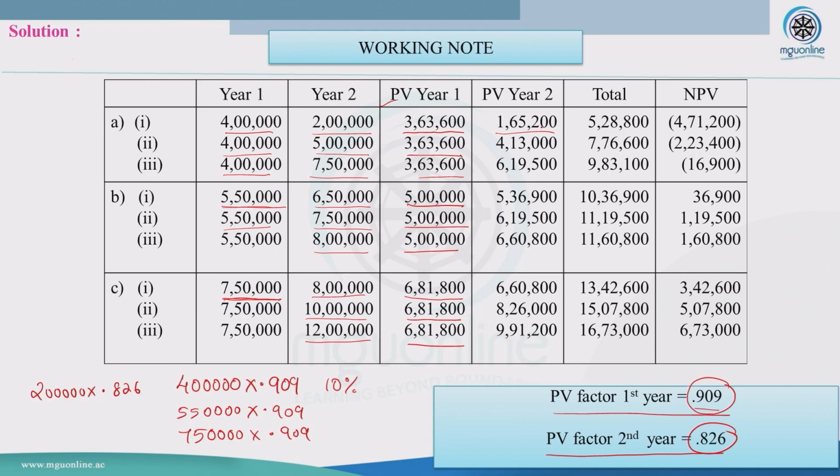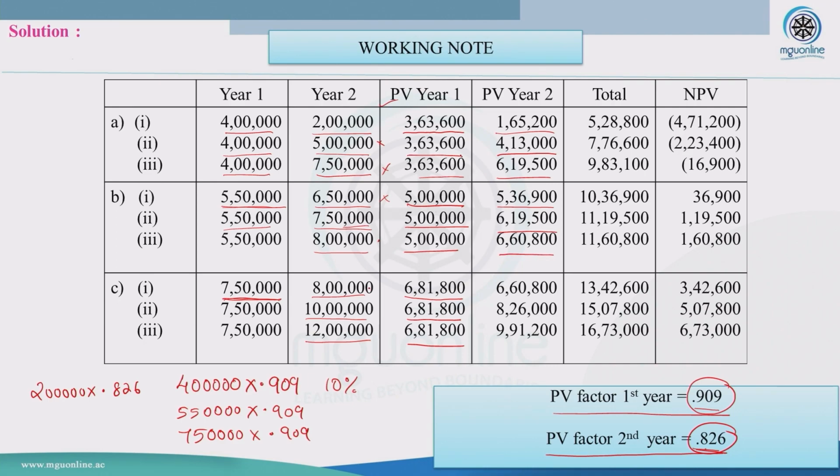It will be 1,65,200. Then again 5 lakh into 0.826, 4,13,000. Then 7,50,000 into 0.826, it is 6,19,500. Then second trial, 6,50,000 into 0.826, 5,36,900. Then 7,50,000 into 0.826, 6,19,500. 8 lakh into 0.826, 6,60,800.